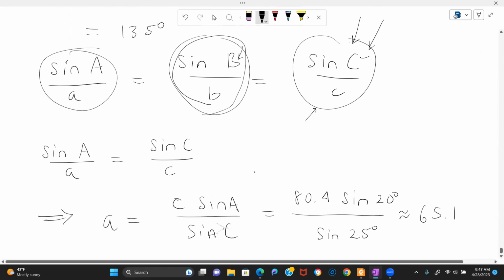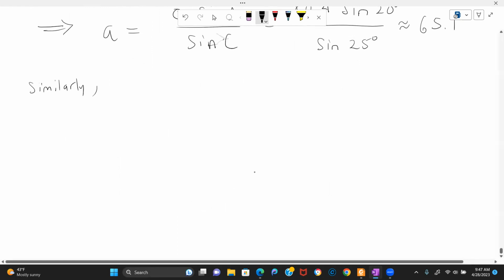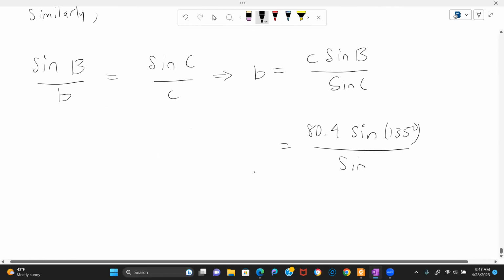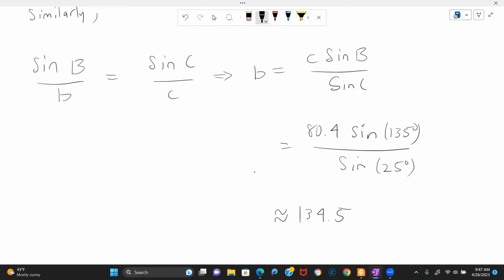We know this angle here, and we know this side, so that means we can solve for B. So similarly, sine of B over B is equal to sine of C over C. And if you do the algebra, you'll see that B is equal to C times sine of B over sine of C. Then you can plug in the data: it's 80.4 times sine of 135 degrees over sine of 25 degrees, and that is approximately 134.5, which you get from plugging into the calculator.